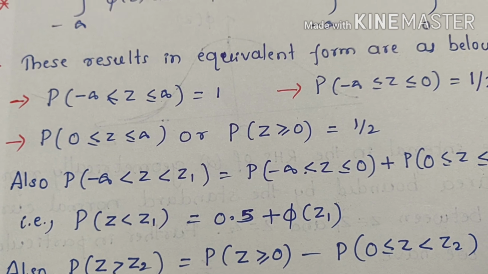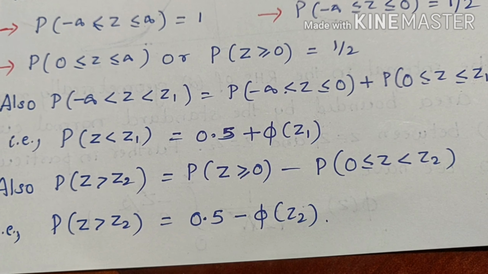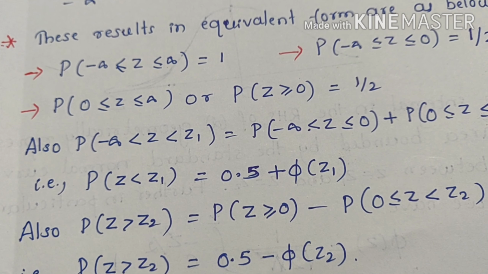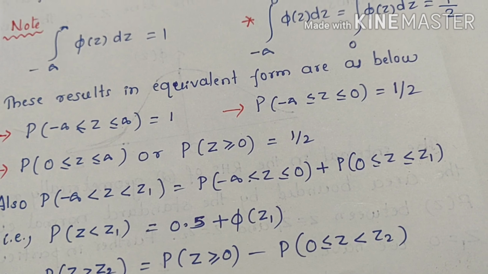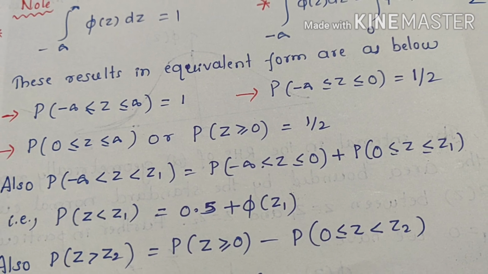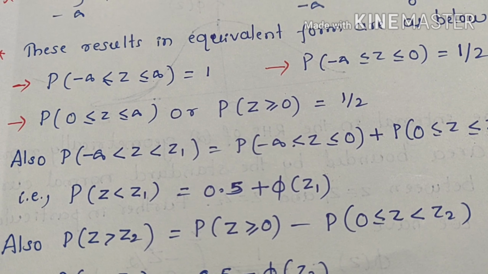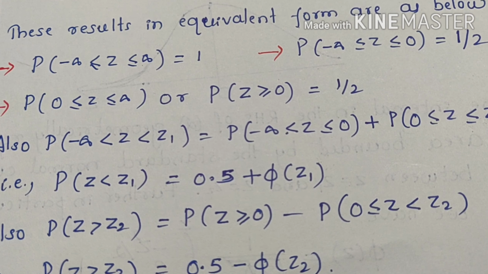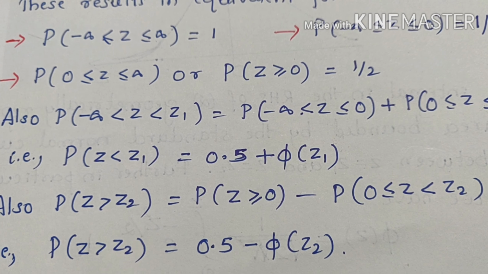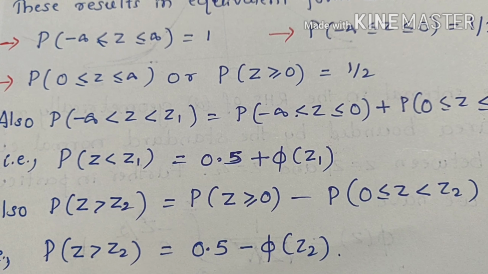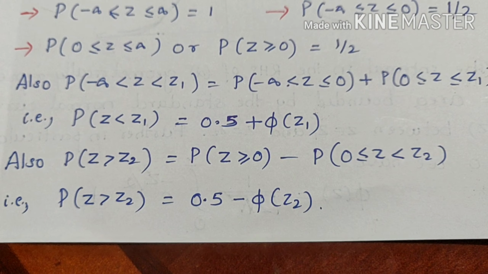We know that the probability of z lying between minus infinity and 0 is 0.5, and the probability of z lying between 0 and z1 is phi(z1). So the probability of z less than z1 is given by 0.5 plus phi(z1). Also, the probability of z greater than z2 is the probability of z greater than or equal to 0 minus the probability of z between 0 and z2, that is, 0.5 minus phi(z2).